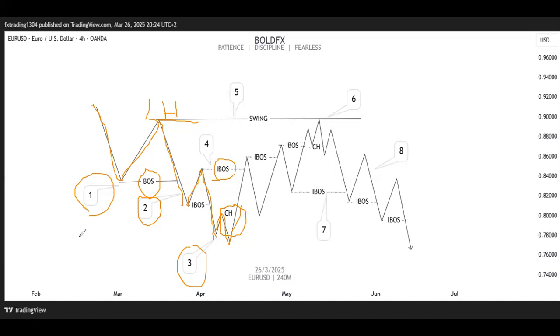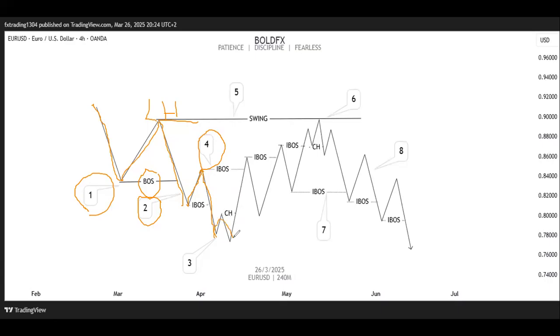So what you can do right here is that now that you know where the market is at, you can clearly look for buying or selling opportunities in the market. So now, when price comes to where number 4 is located, you have a bullish internal break of structure.